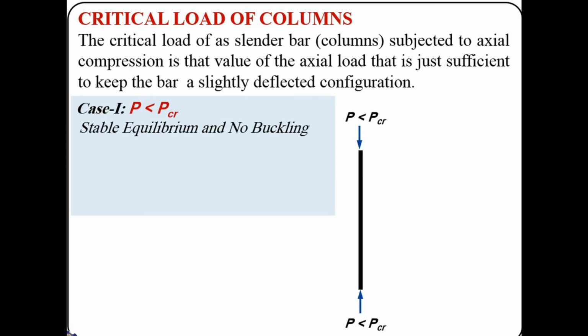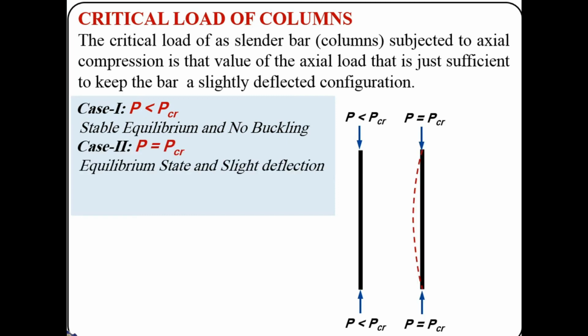So if the load is less than P critical, this is the condition corresponding to stable equilibrium. When the load is exactly equal to P critical, for example 101 in the example I gave, at this load point we can see lateral deformation, a slightly deflected configuration, referred to as the critical load. This is the neutral equilibrium.